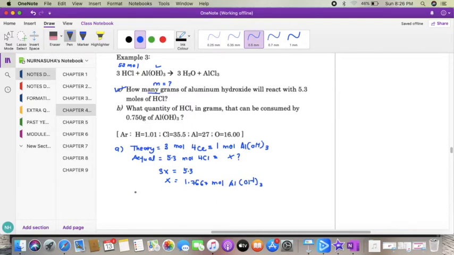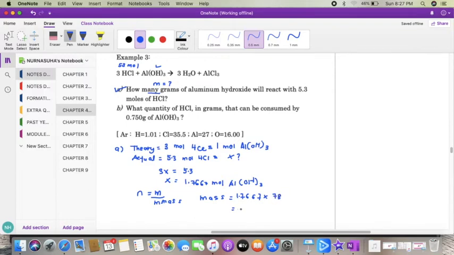So, macam mana? Macam biasalah, kita tahu mole sama dengan mass over apa? Molar mass. Betul tak? So, in order to find mass, senang sajalah. 1.7667 times molar mass for aluminium hydroxide, which is 78.